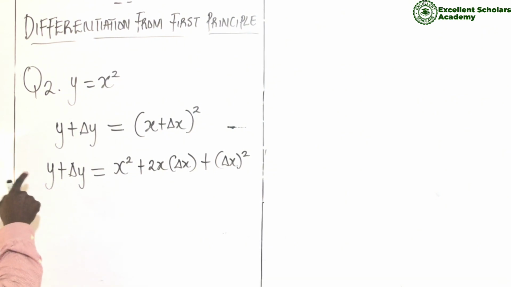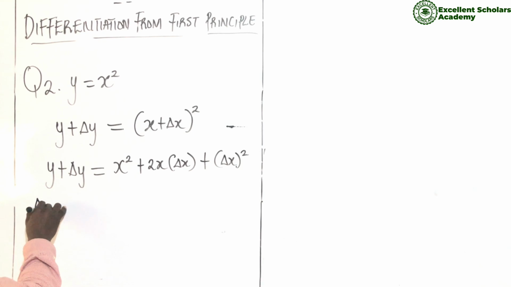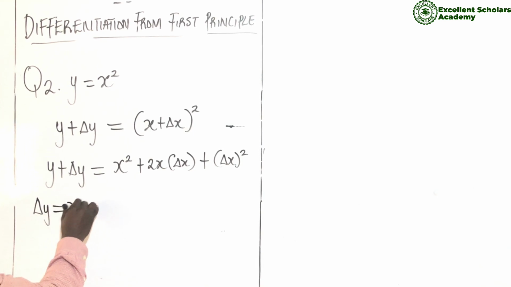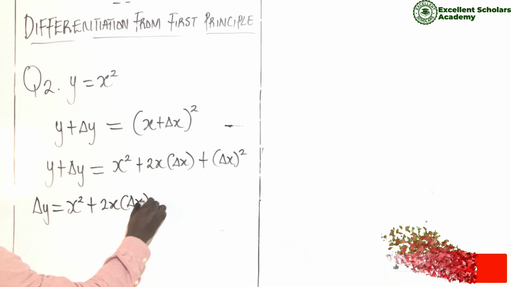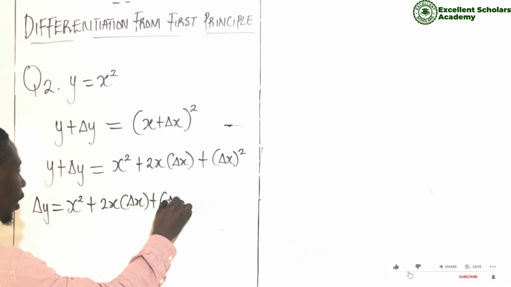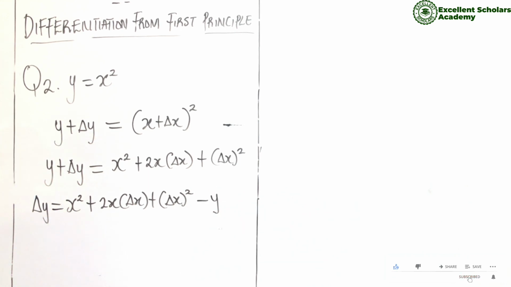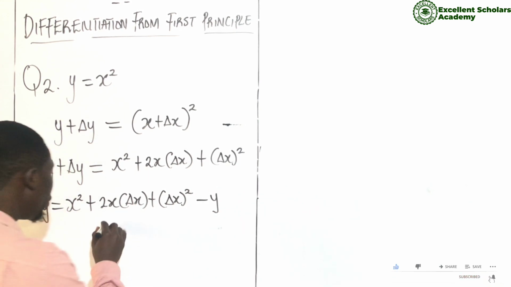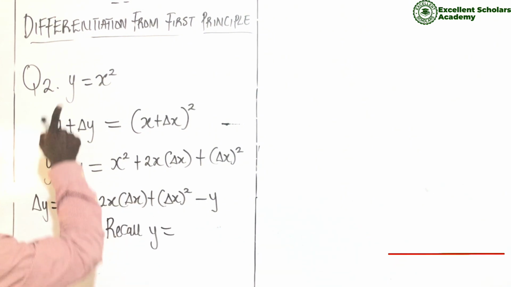Now, we are going to take this to this side. So it becomes small increment in y equals x squared plus 2x small increment in x plus small increment in x all squared minus y. Now, recall that y equals x squared.